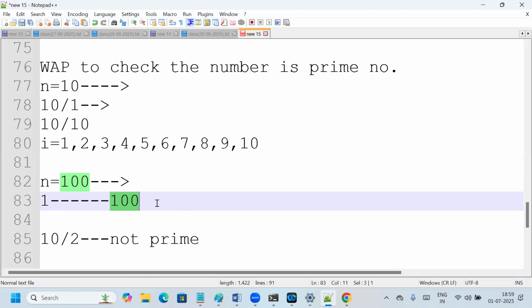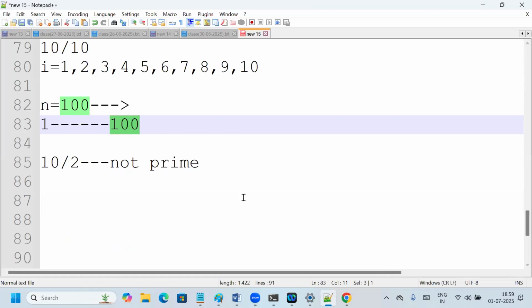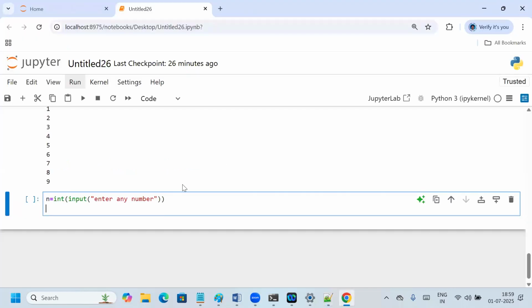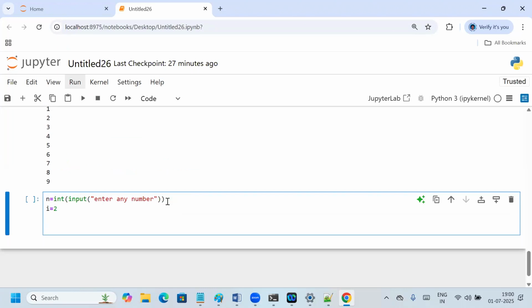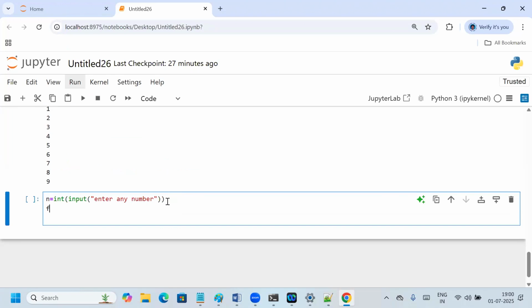So how to write this? So i equals to 2. I equals to 2, start from 2. For i in range of 2 to n plus 1.